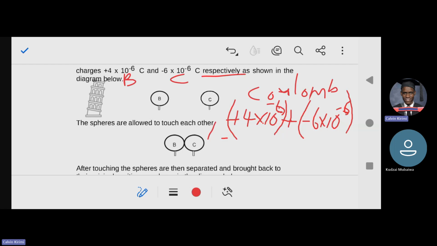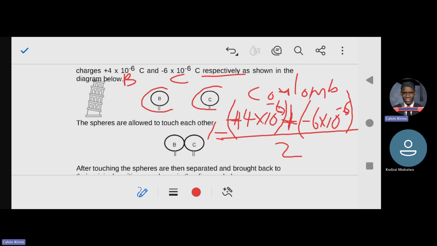That's why we are dividing by 2. There are two spheres, B and C. You add their charges when they are in contact, but there is a positive and a negative.